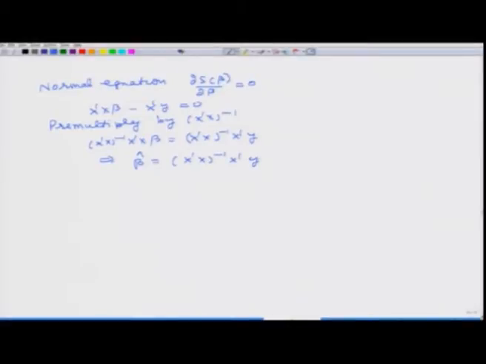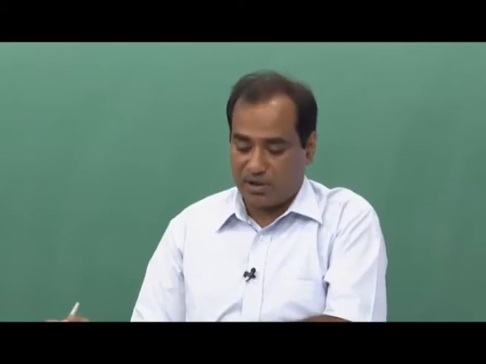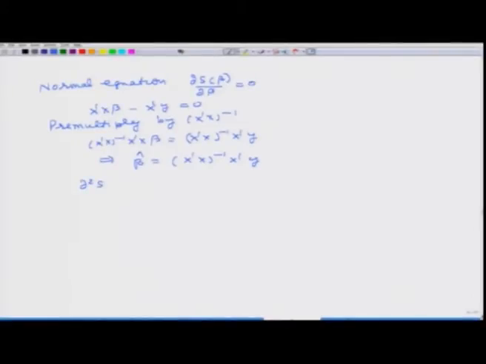So, this finally gives us that beta hat is equal to X transpose X whole inverse X transpose y, right. Now, we also have to ensure that this value of beta hat really minimizes the sum of squares due to random error, which is S beta. So, in order to do so, we find the second order partial derivative with respect to beta, and this comes out to be twice X transpose X, right. So, this matrix is at least non-negative definite, right.